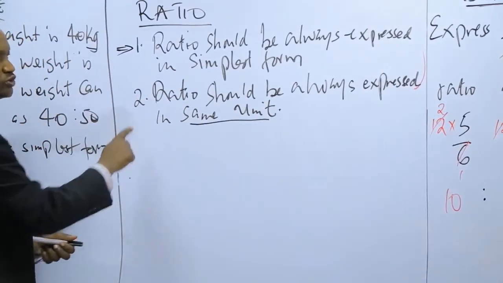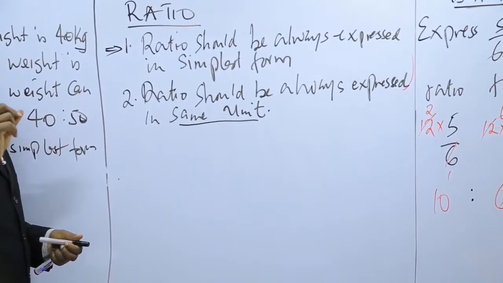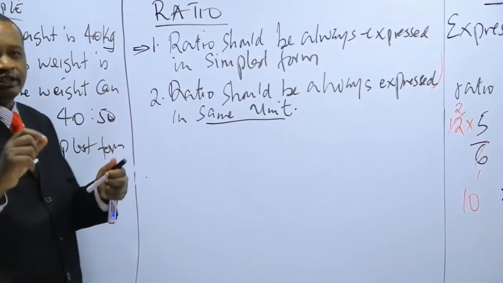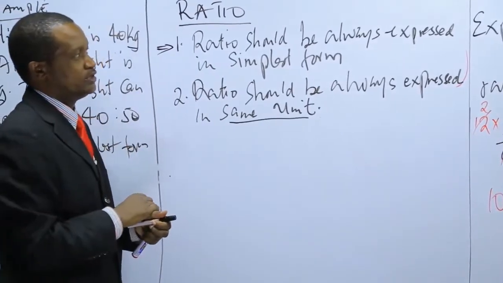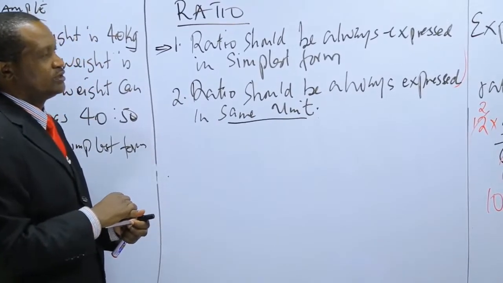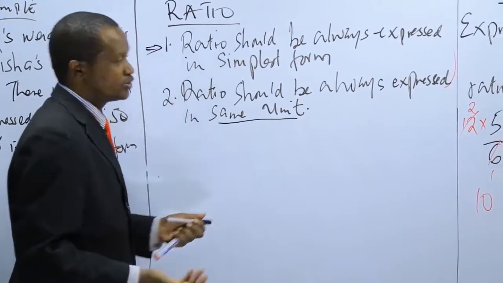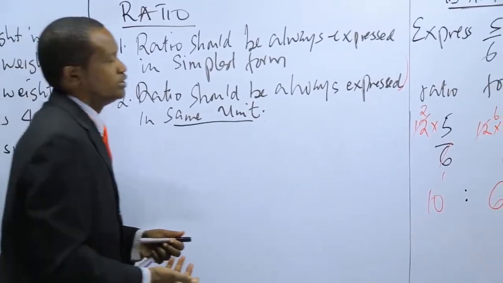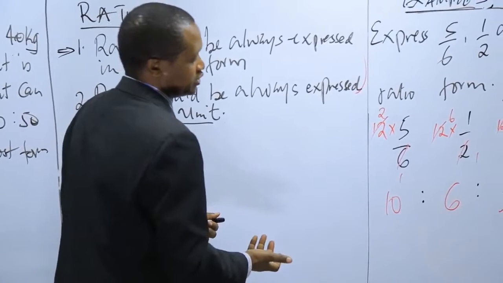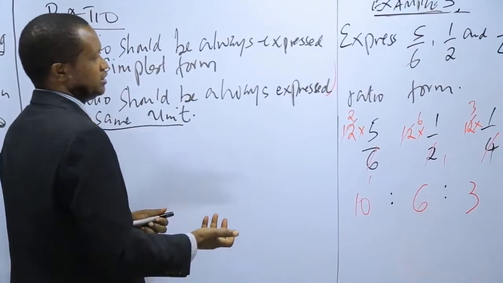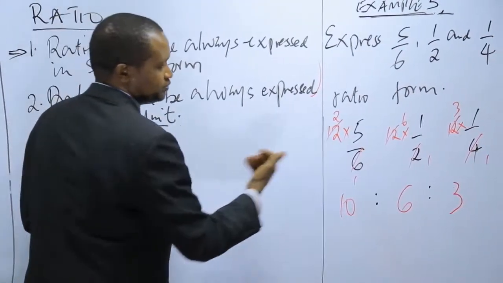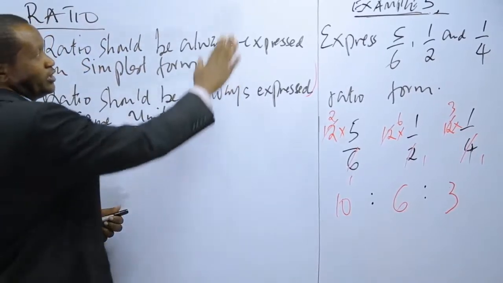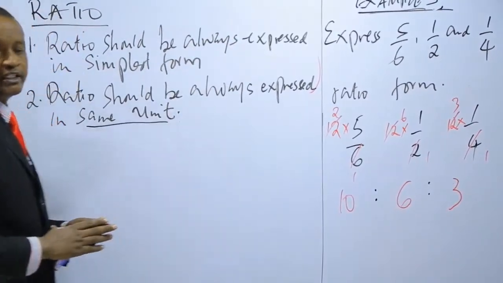Number 2, ratio should always be expressed using the same units. We have looked at examples to help us see how to simplify ratios into the simplest form. We have worked out 5 examples.